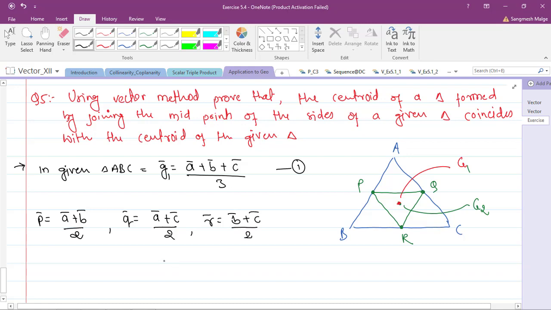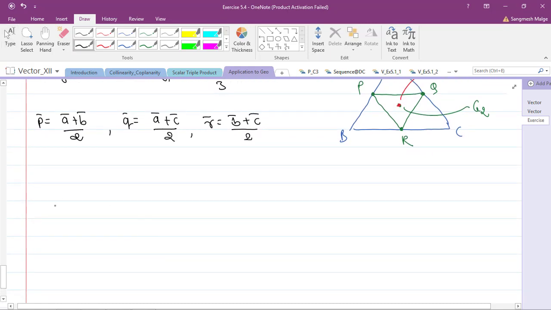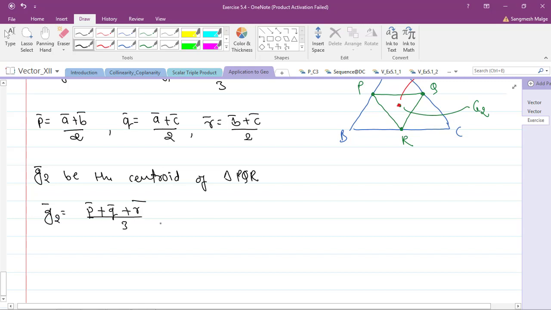Now let's find the centroid of the small triangle PQR. Let G2 bar be the centroid of the small triangle PQR. So G2 bar is equal to P bar plus Q bar plus R bar upon 3. Let's substitute the values: P is A bar plus B bar by 2, plus A bar plus C bar by 2, which is Q bar, and plus R bar, which is B bar plus C bar by 2, whole divided by 3.